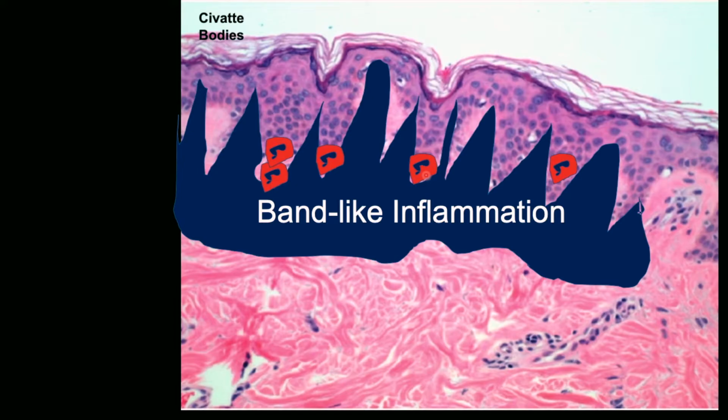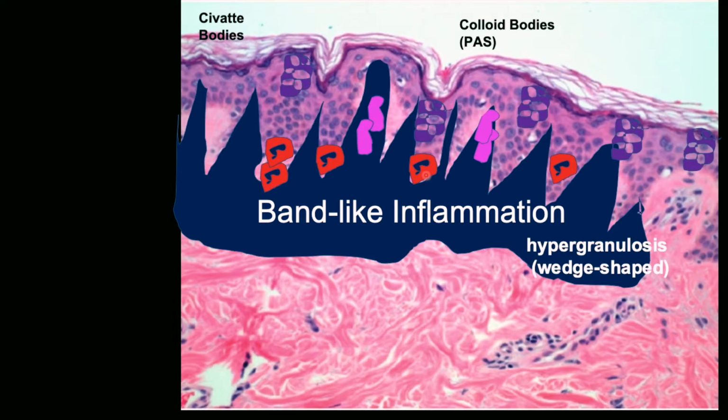So the second thing we see is the colloid bodies, and those are usually stained with PAS, pink color, usually found in the superficial dermis. And another thing is the granular cell layer will look wedge-shaped because of the hypergranulosis in lichen planus.